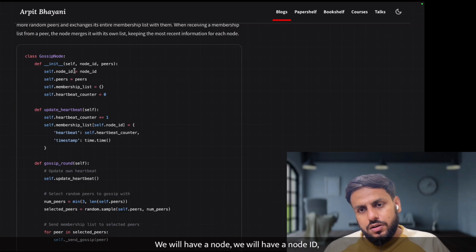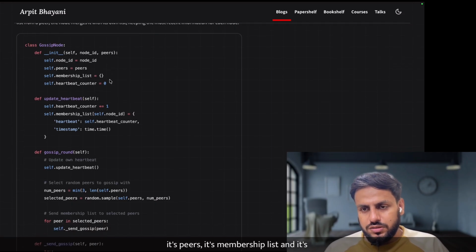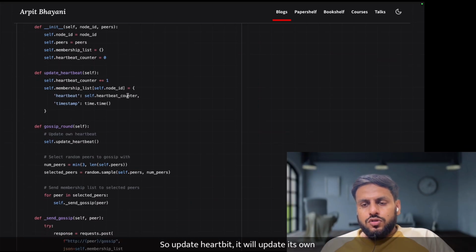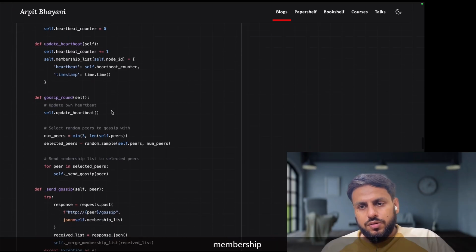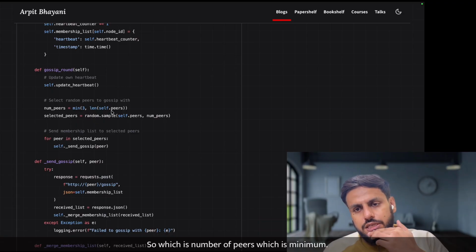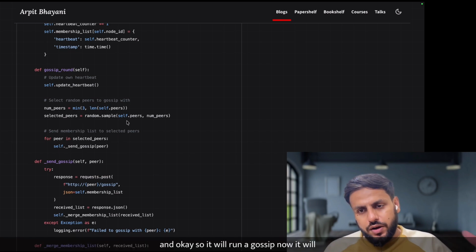We will have a node with a node ID, its peers, its membership list, and its own heartbeat counter. Update heartbeat will update its own heartbeat and its timestamp in the membership list. Then gossip round, which takes a number of peers, will run a gossip round.